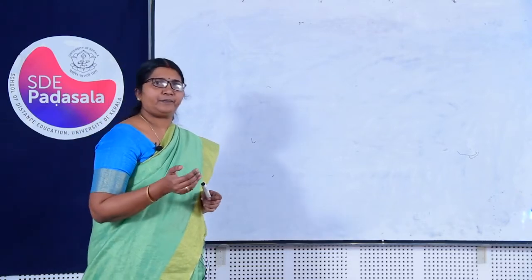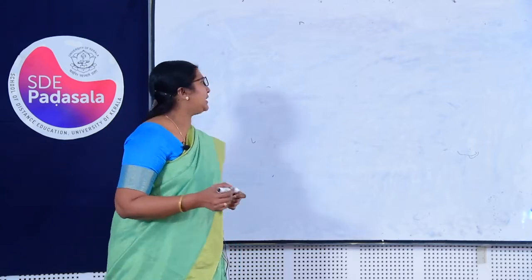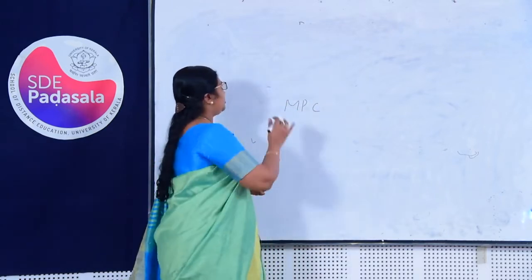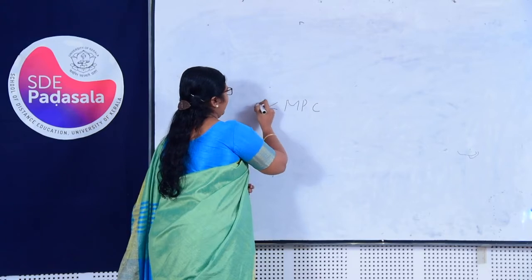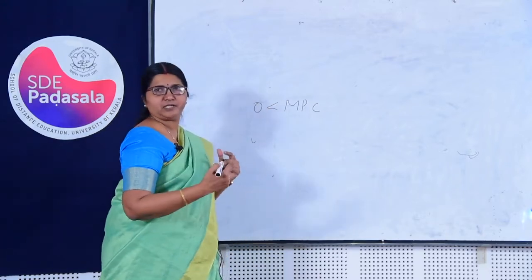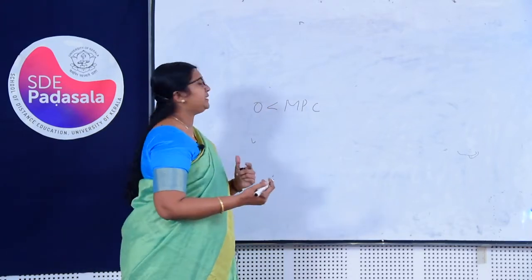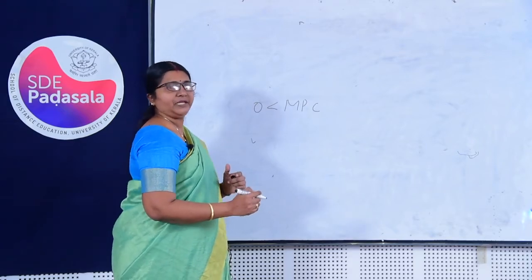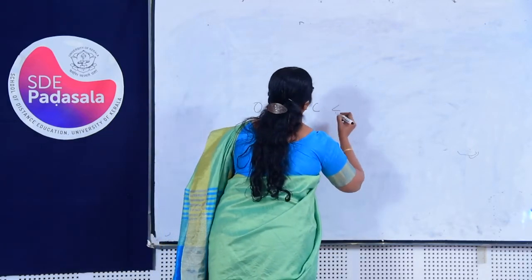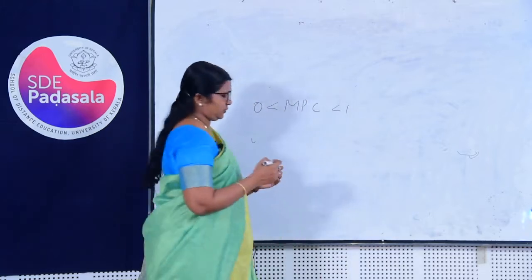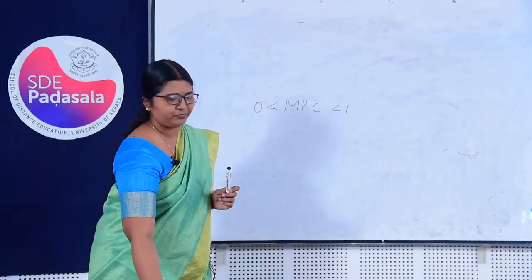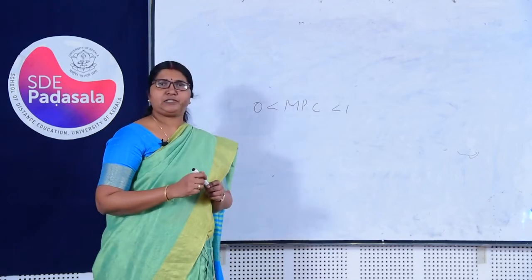Then we can see that marginal propensity to consume is greater than 0, because as income increases, consumption also increases. However, the increase in consumption will be less than proportionate to the increase in income. So, marginal propensity to consume lies between 0 and 1. So, this is the first step, statement of theory or hypothesis.